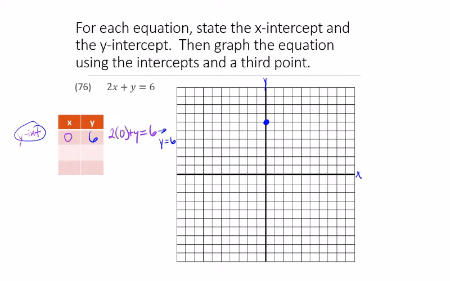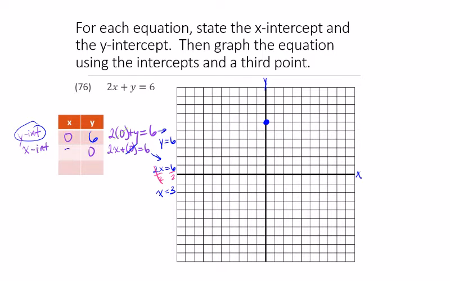Next, let's find the x-intercept. The x-intercept is where y equals 0, right? So now we're going to plug 0 in for y. We're going to do 2x plus 0 equals 6, and do a little algebra here. So 2x equals 6 if the y goes away, and then we divide by 2, and we get x equals 3.